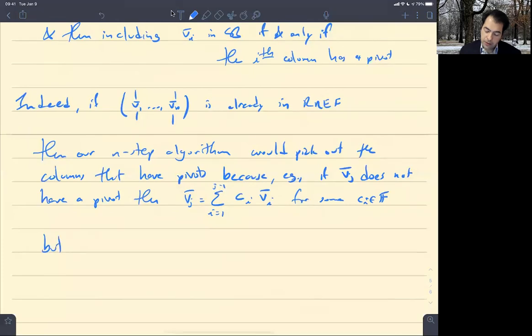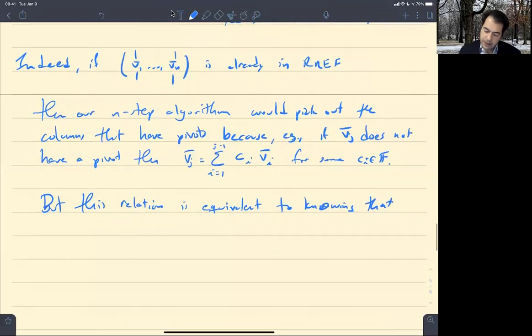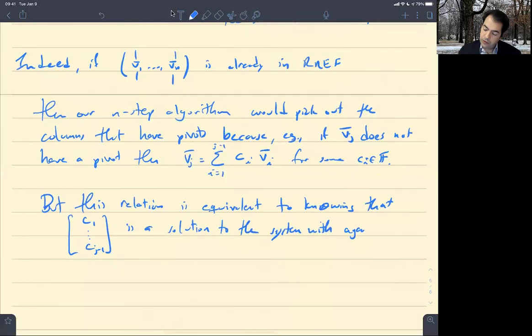But now notice that this relation is equivalent to knowing that the vector of coefficients here, c1 through cj minus 1, is a solution to the system with augmented matrix having the vectors v1 through vj minus 1, and then adding vj.